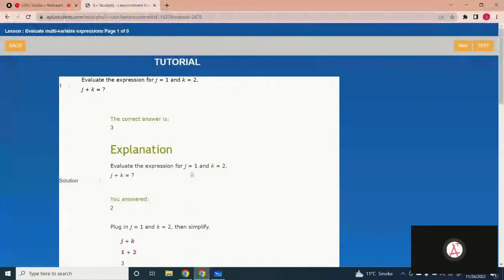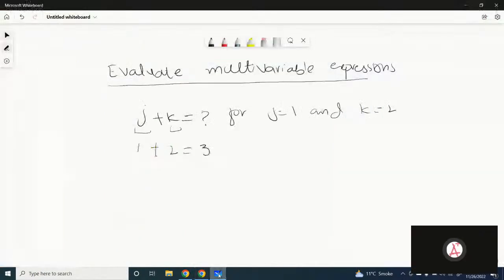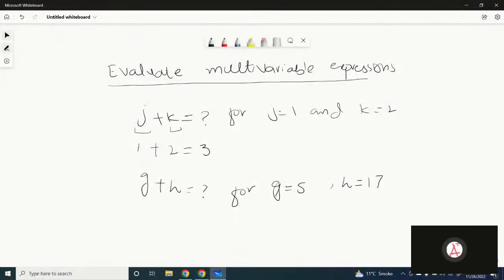Okay, let's just do another example. Okay, it would be g plus h. G equals 5 and h equals 12. Sorry, h equals 12.